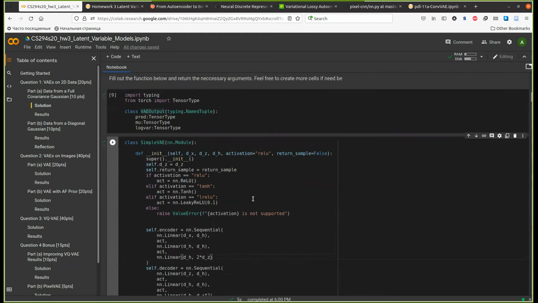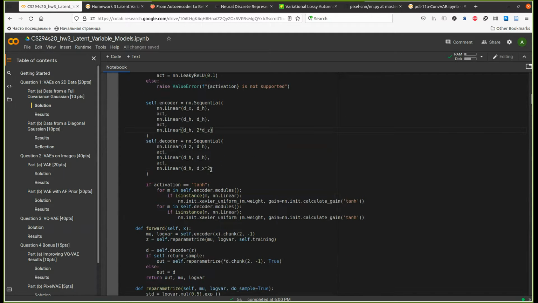Because we output both means and standard deviations as a parameterization of the distribution we're going to model, right?